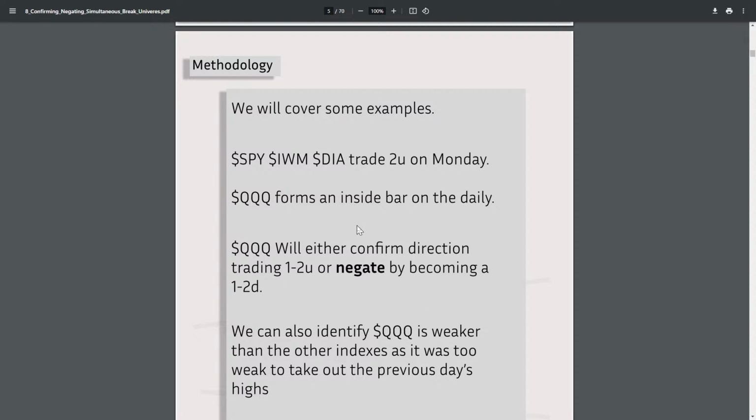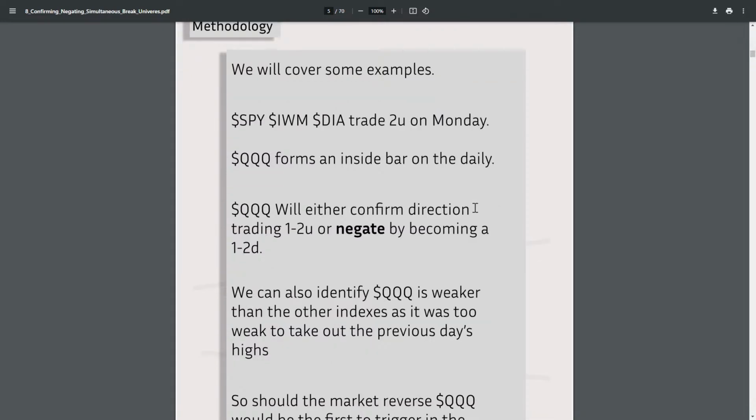So we will cover some examples here. So SPY, IWM, DIA trade 2-up on Monday, but QQQ forms an inside bar on the daily. QQQ will either confirm the direction, trading a 1-2 up, or negate the direction by becoming a 1-2 down.